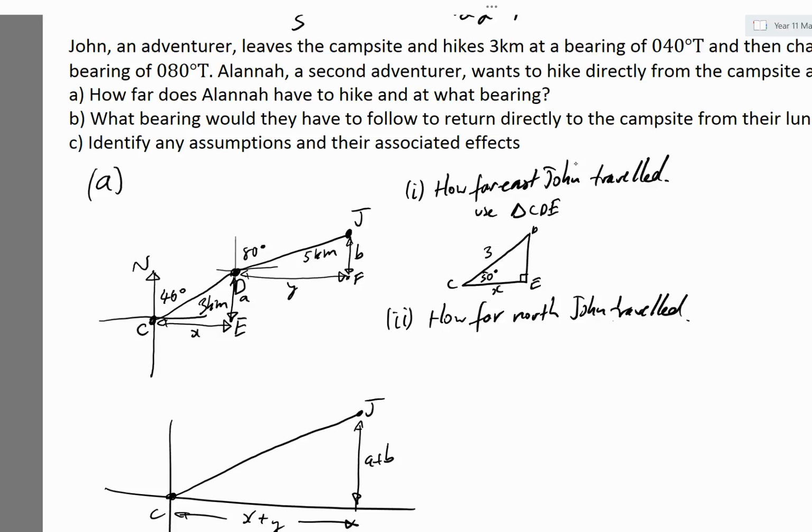So you can go ahead and do that. And also going to use triangle DFJ to find y. To find y, this is 5 kilometers. Since he's going at 80 degrees, that's 10 degrees there.